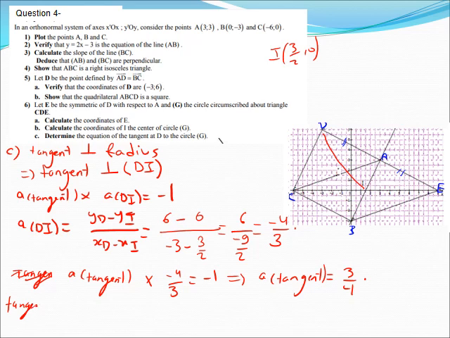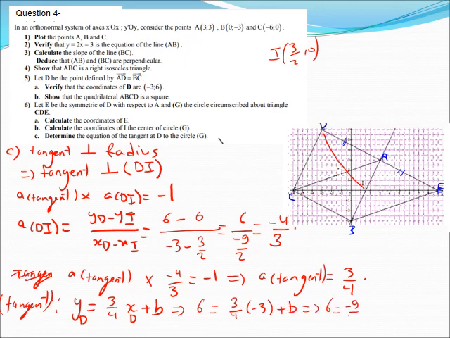To find the equation, y equals 3 over 4 x plus b, passing through D. Here yD is 6 equals 3 over 4 times xD, which is minus 3, plus b. Then 6 equals minus 9 over 4 plus b.